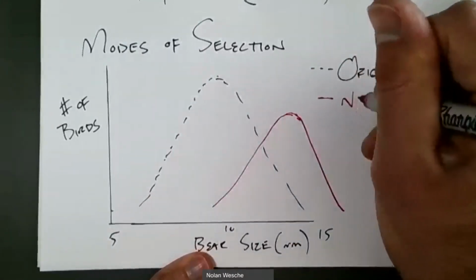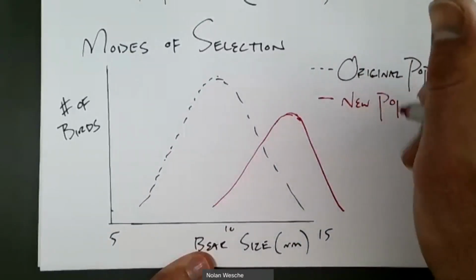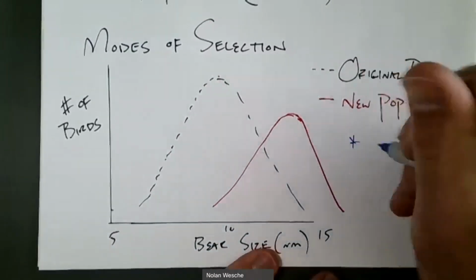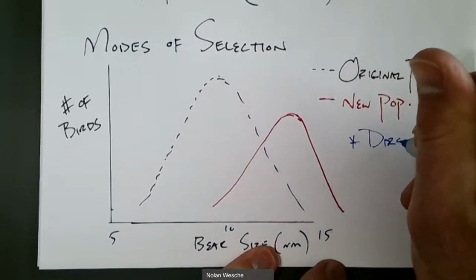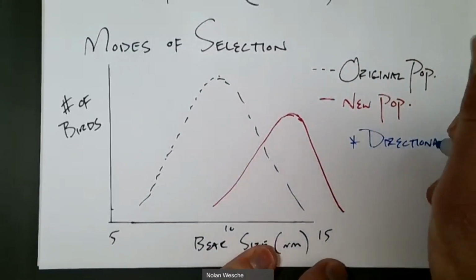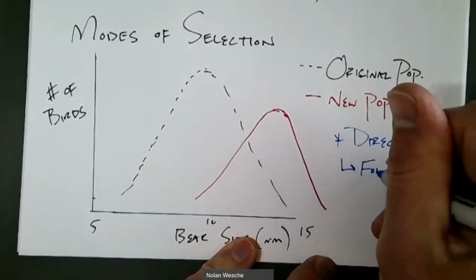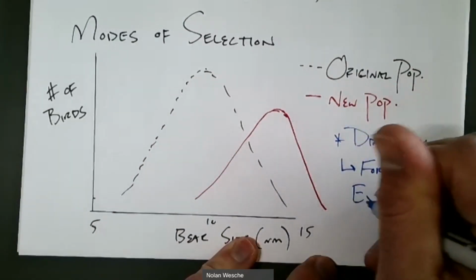Where this is then the new population or the adjusted population after the selection event. So this type of selection is what we call directional selection, and it's selection for just one extreme.